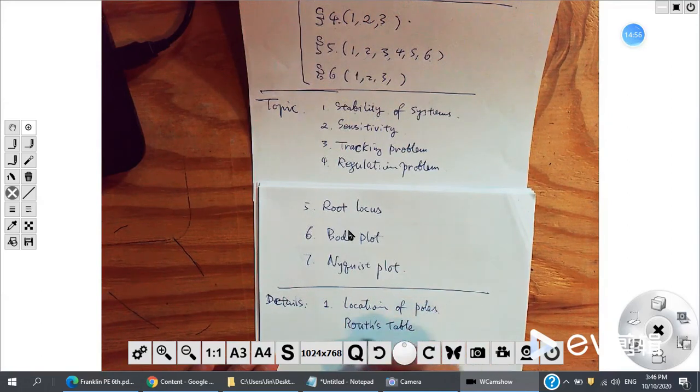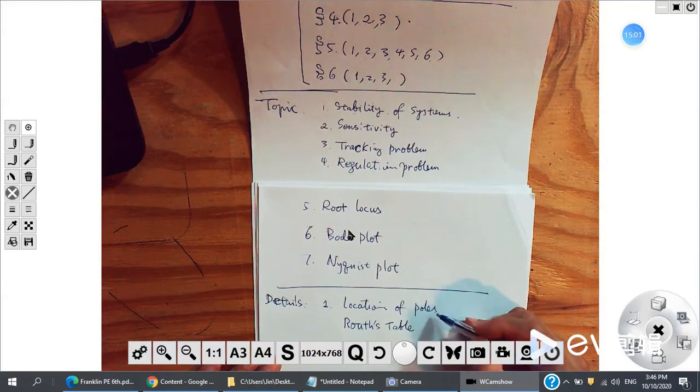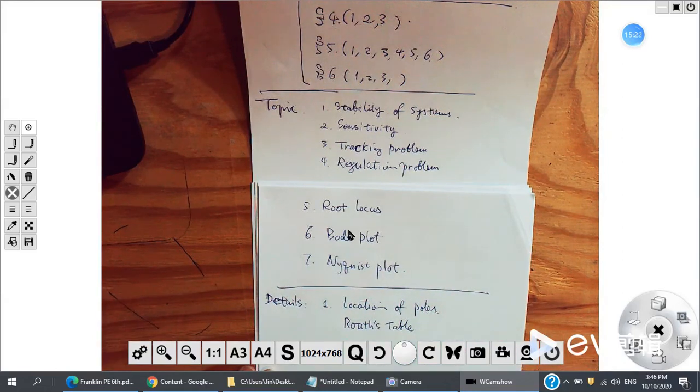We use these two methods to determine the stability. If you can find the poles, then if all of the poles are located in the left half plane, then the system is stable. Otherwise, it is not stable. In the unstable case, we also have a special case, that is the marginal case or neutral case, if the poles are on the boundary between the left and right side, on the imaginary axis. Right? So this is for stability.